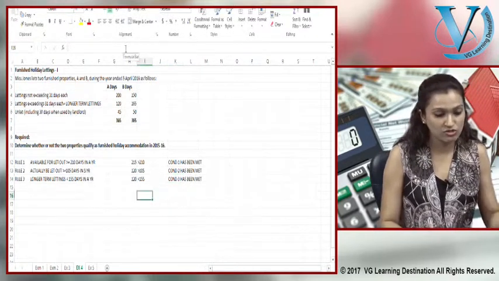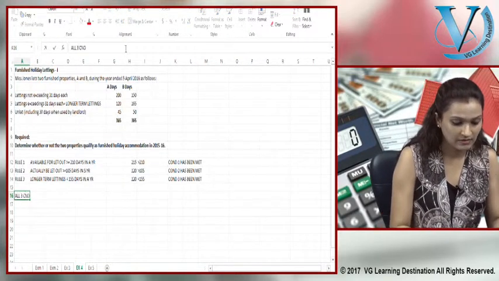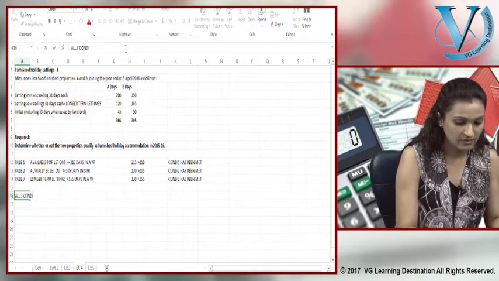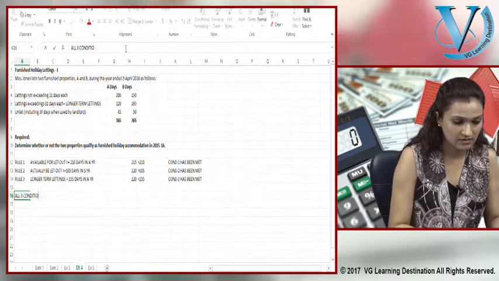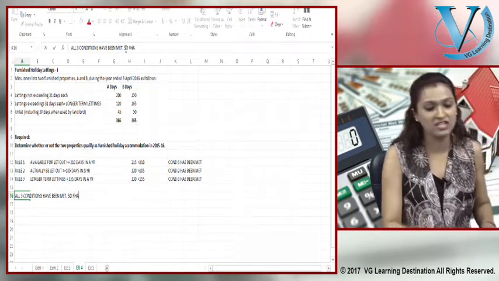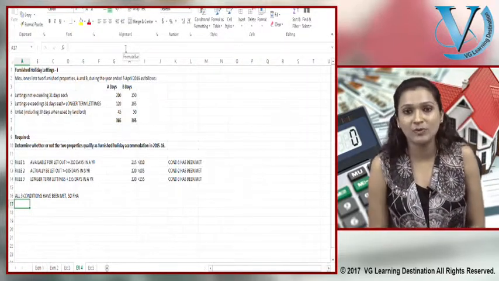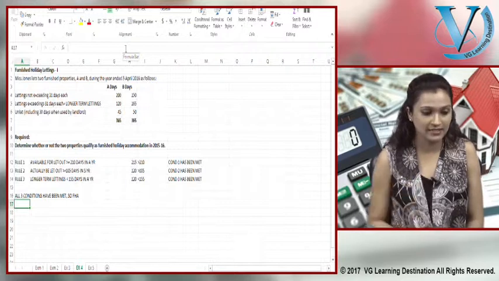As per the rules, all 3 conditions have been met, so the property classifies as a furnished holiday accommodation. Income from it is going to be added in your earned income.